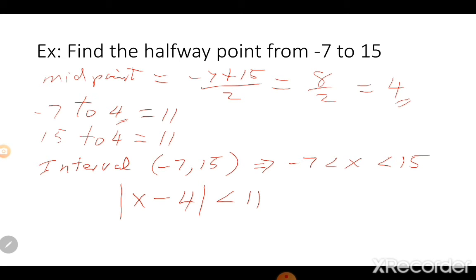And so this interval from minus 7 to 15 could be represented using this midpoint of 4, the distance from the midpoint to the ends, right? And using a subtract sign inside of absolute value. And we're going to need that for our next example. So let's look at our next example.